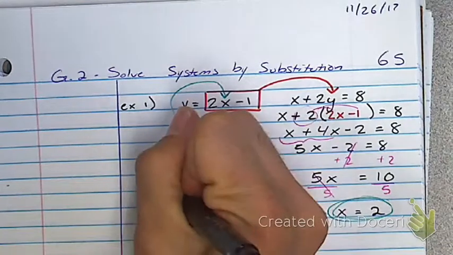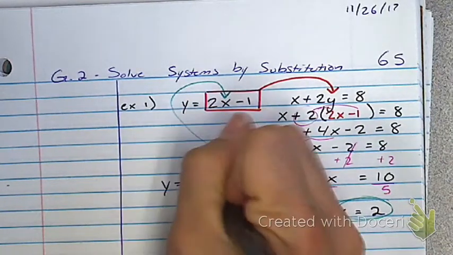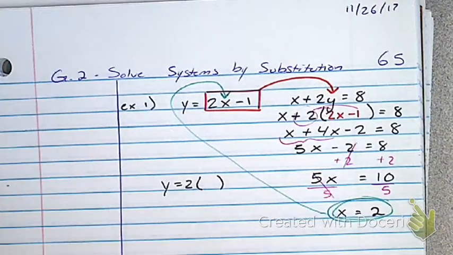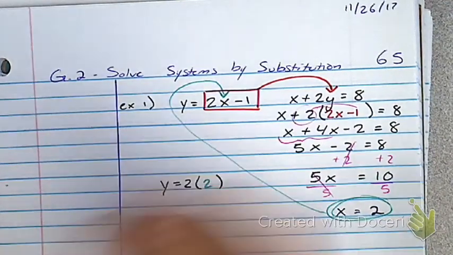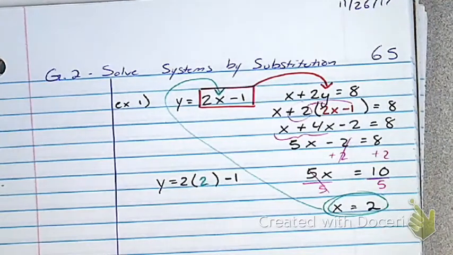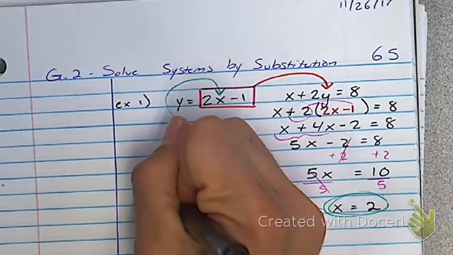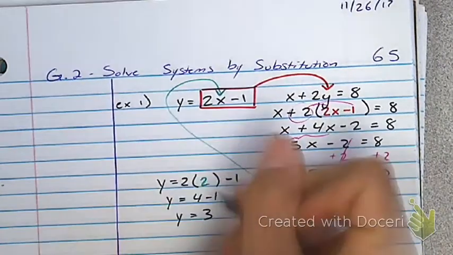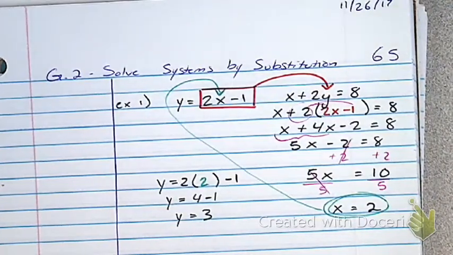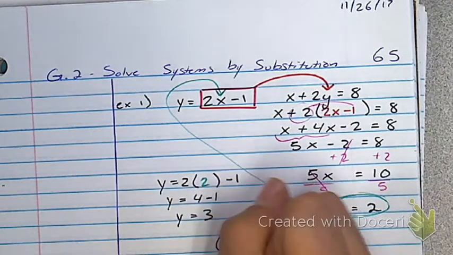I get that y equals 2 times what? 2 minus 1. What's 2 times 2? 4. Minus 1? 3. What is my solution? 2, 3. Good job. 2 comma 3.